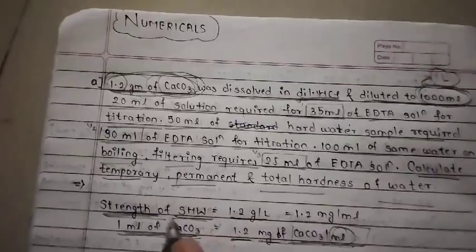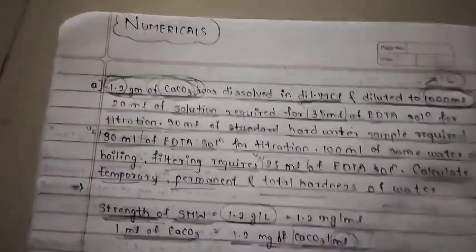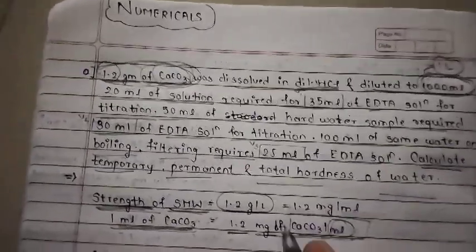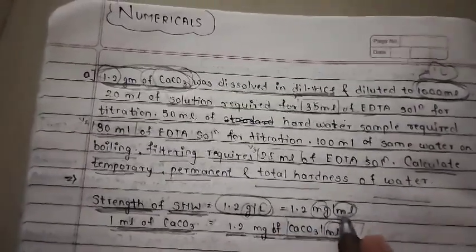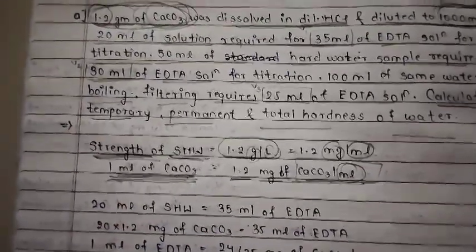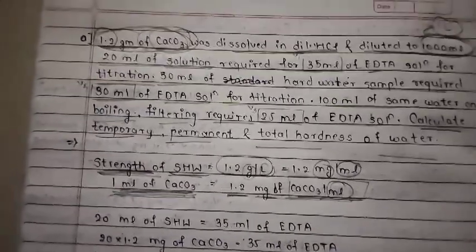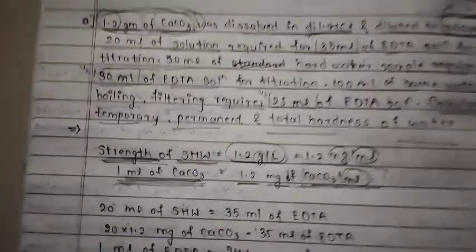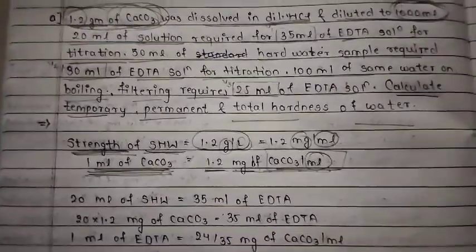Here we have the strength of standard hard water as 1.2 gram per liter. So what we have done here is we have converted gram into milligram and liter into milliliter, because we want the strength of 1 ml of CaCO3. Guys, please remember, we want the strength of standard hard water for 1 ml of CaCO3, not for 1 liter.